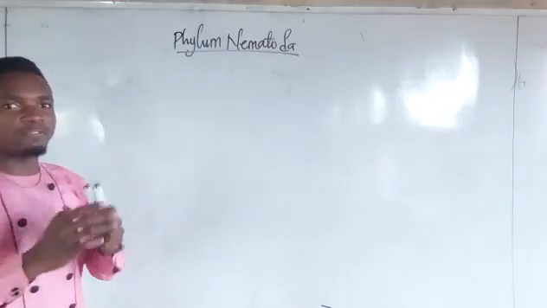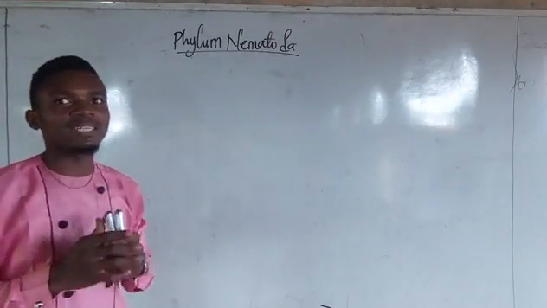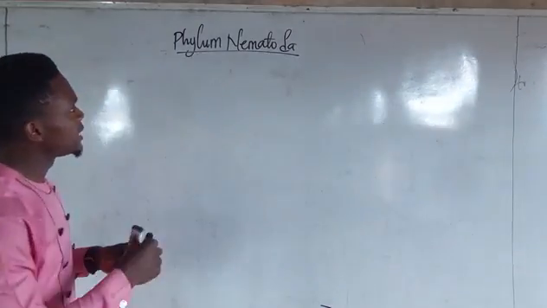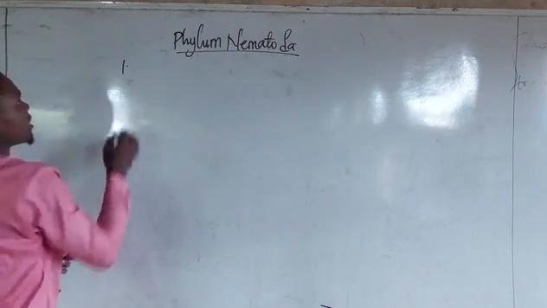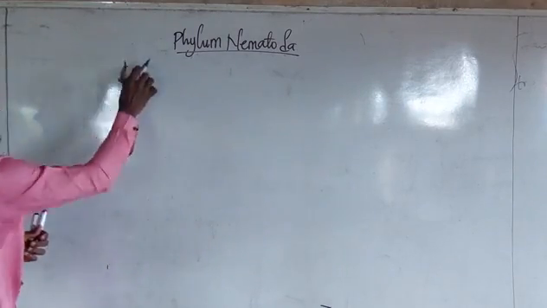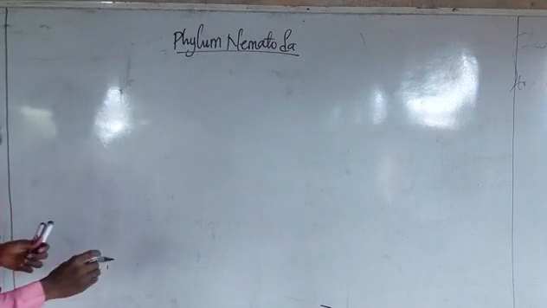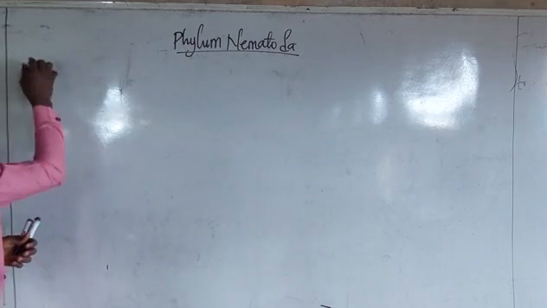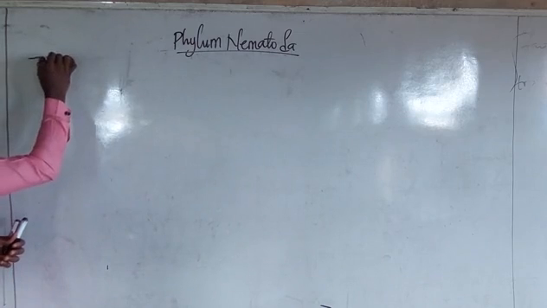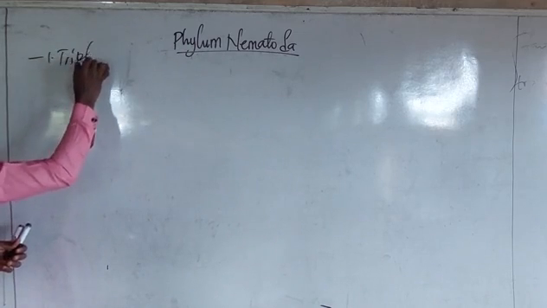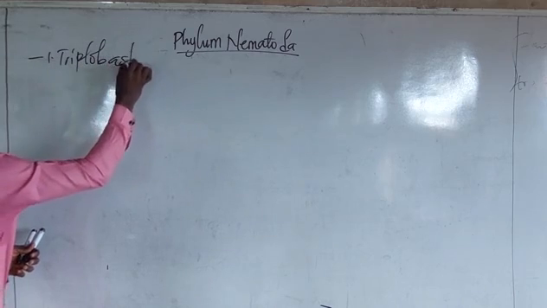Now, let's look at the general features or the general characteristics of Phylum Nematoda. One, the organisms that are found in Phylum Nematoda are triploblastic.